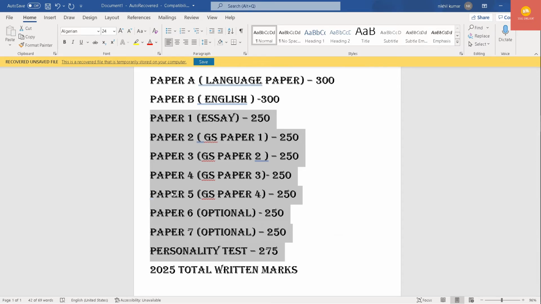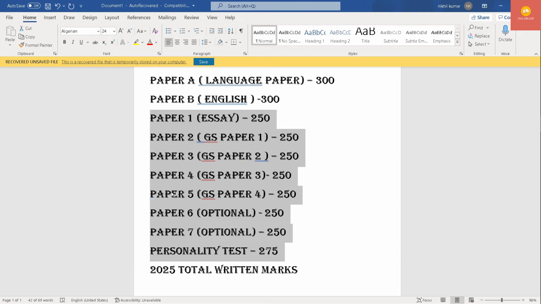Hope your doubts have cleared, that only these marks, paper 1 to personality test, will make you qualify the IAS, the civil service exam.